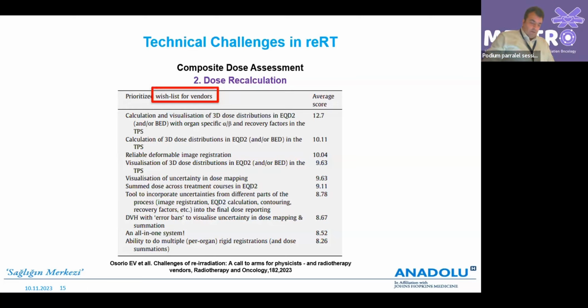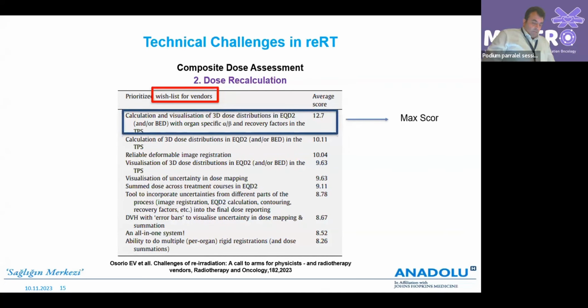If you look at this, the maximum score is calculating and visualizing the 3D dose distribution in EQD2, which means that the physicists try to find software that does EQD2 or BED calculation and gives the alpha beta value with recovery data. So the physicist needs to solve their problem with the software. This is the maximum score.